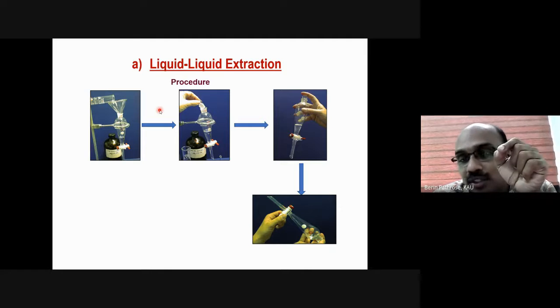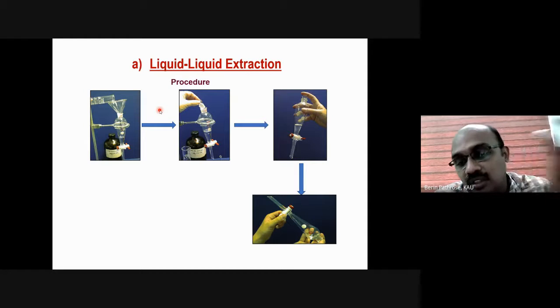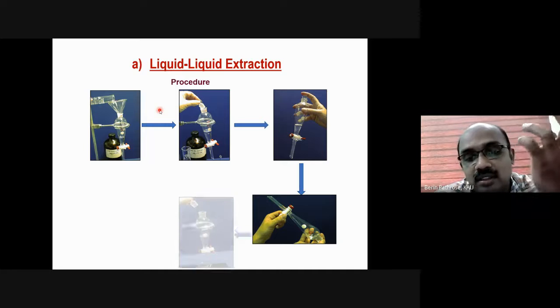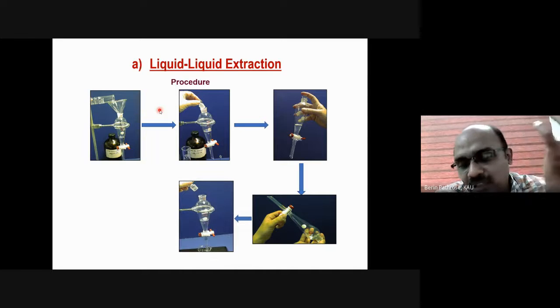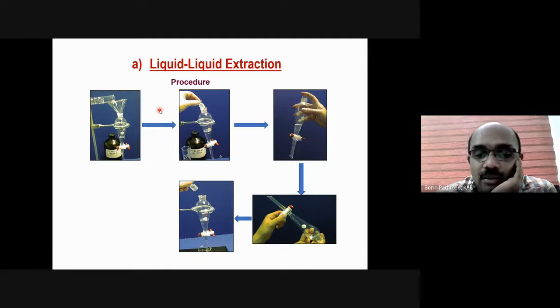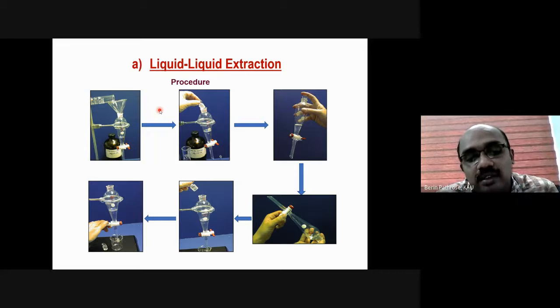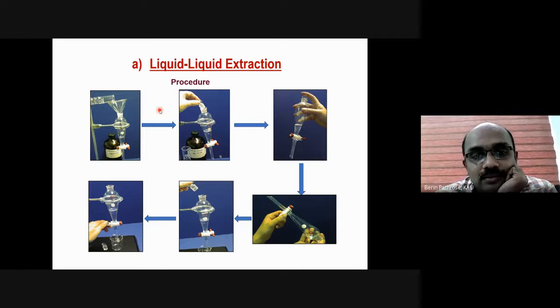Immediately you have to do it because the separatory funnel will get filled with vapor quickly. Immediately you have to tilt it, release the pressure, then mix it, do it several times, then keep it in the stand, remove the stopper, allow the layers to separate, and then take out the solvent.